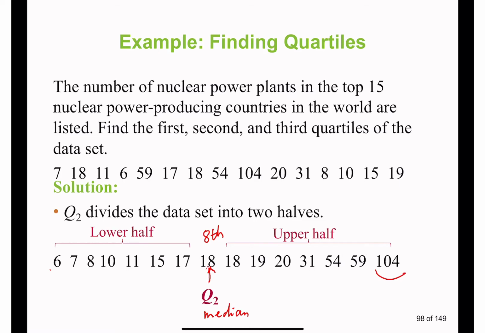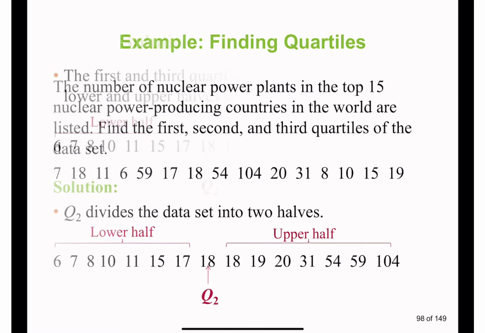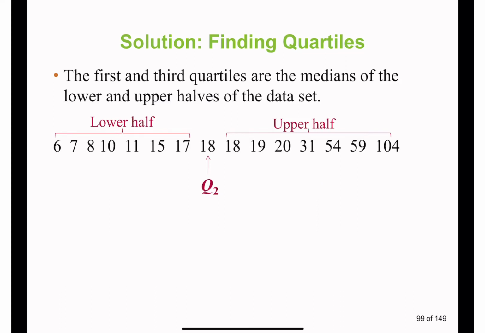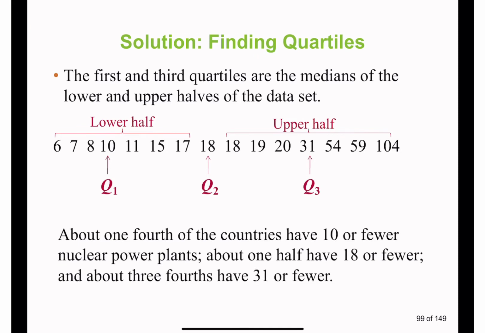Now let's find the Q1. If we take this low part of the interval between 6 and 17, what will be the median here? It's going to be Q1, which is going to be 10, because you also have an odd number.